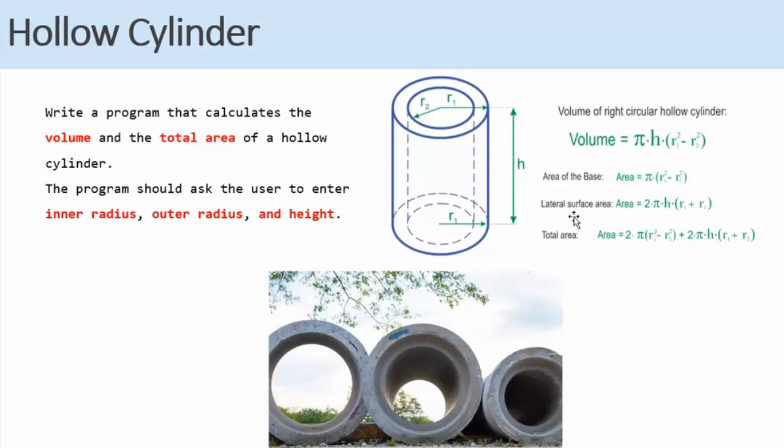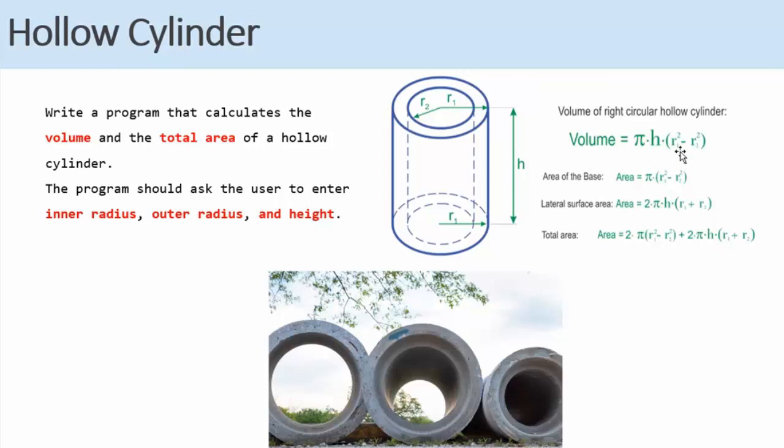Then lateral surface area should be calculated. You need to sum both of them to get the total area. So the way you calculate: area of the base first, lateral surface area, then you get the total area. Volume is clear. And formulas, we need pi, we need height, and we need radius.